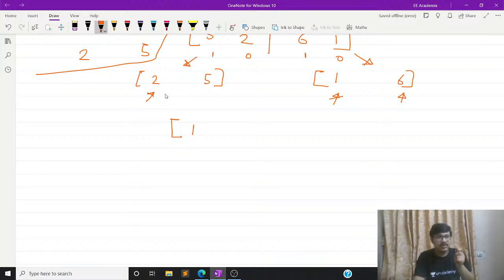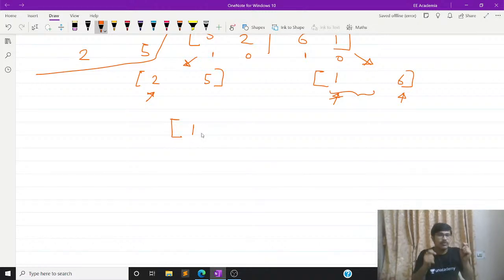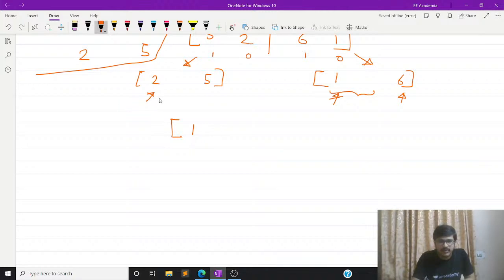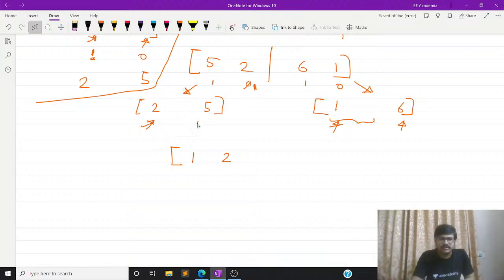But while 2 is smaller, you see that we have already put one element from this right half into our merged array. So there must be one element which is smaller than 2, right? That is obvious, right? So I increment the frequency of 2 to 1. Okay, and I put this element 2 in the array, and now increment this pointer.